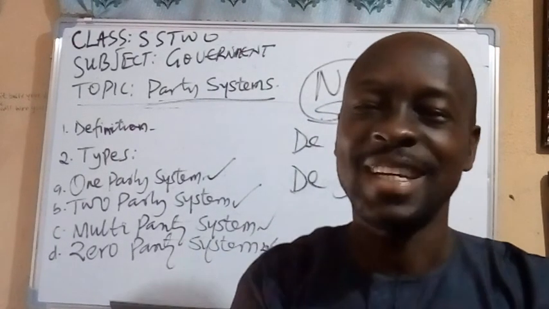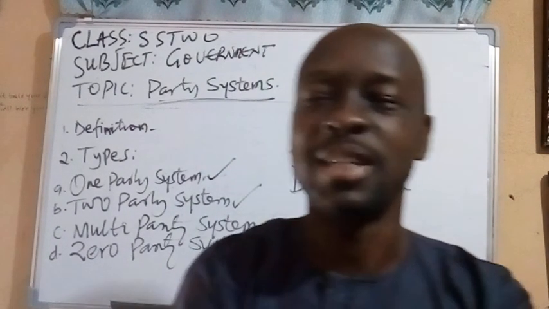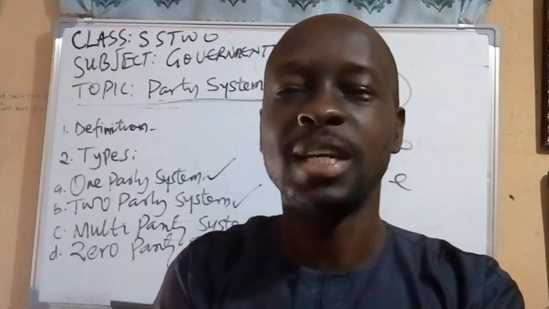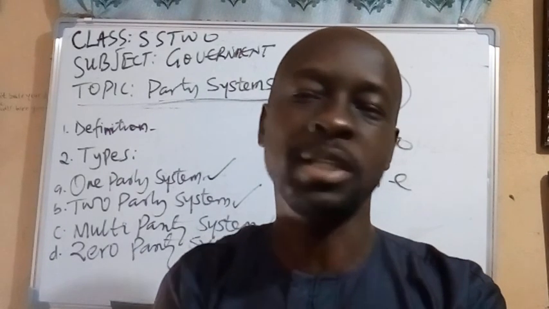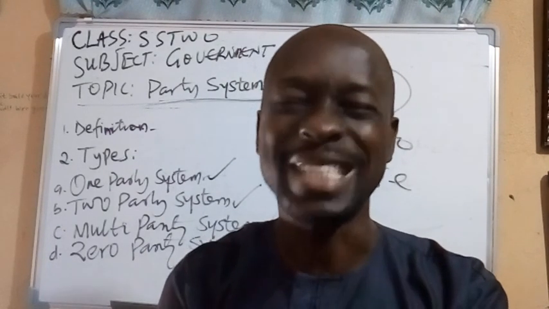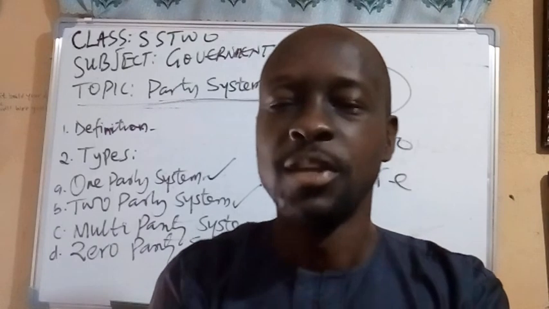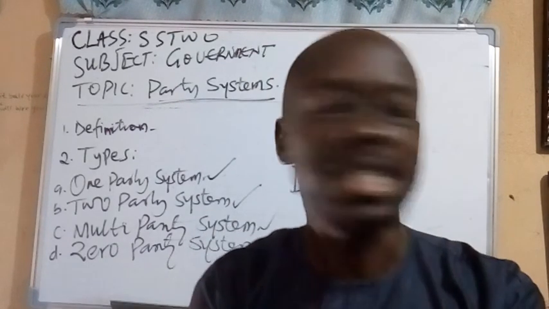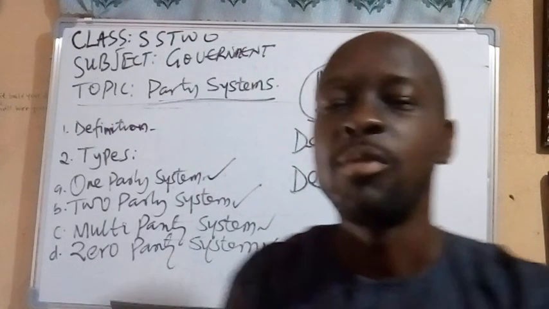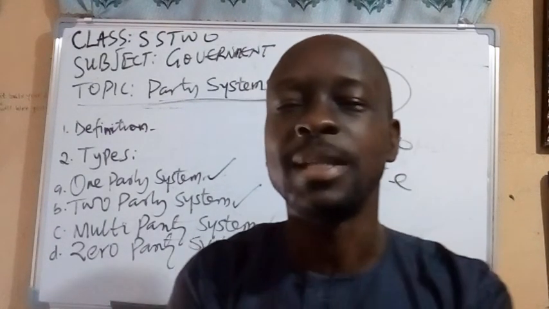The 4th one on the board is the zero-party system. Seriously, that is not a party system for sure, but we know that at one time or another, some countries operate political processes without the participation of political parties. When the political process is operated without the participation of political parties, we can refer to it as a zero-party system.